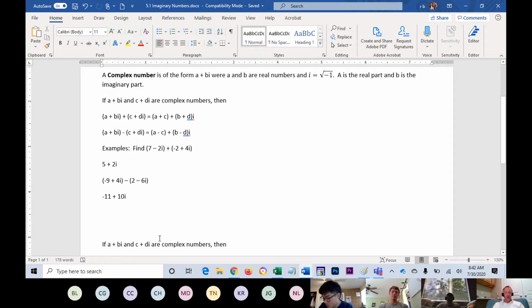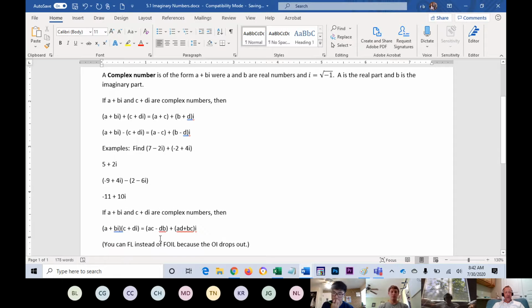All right, so let's talk a little bit about multiplication. If a plus bi and c plus di are complex numbers, then a plus bi times c plus di equals ac minus bd plus (ad plus bc)i.